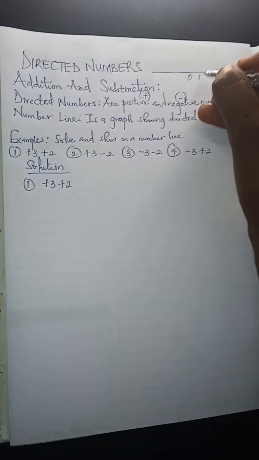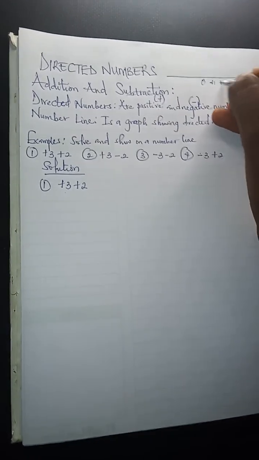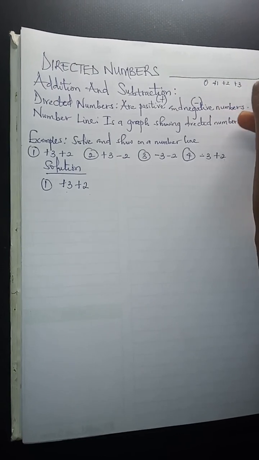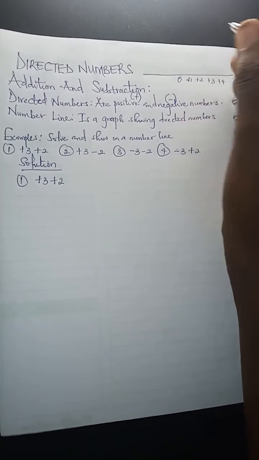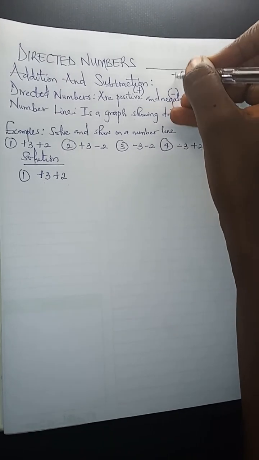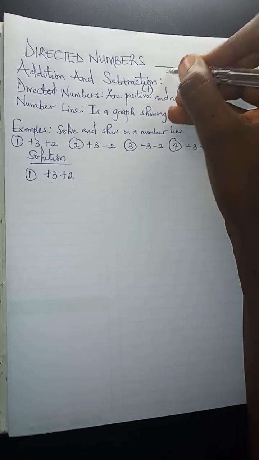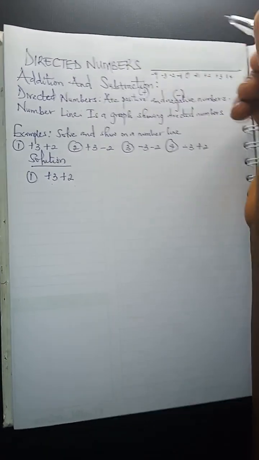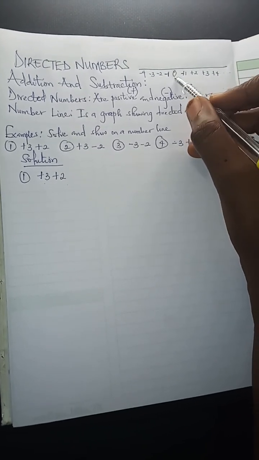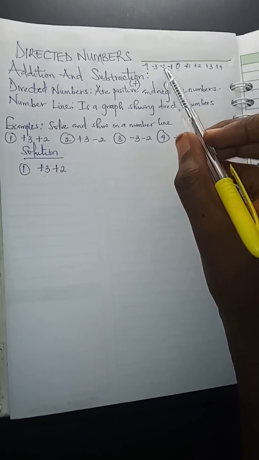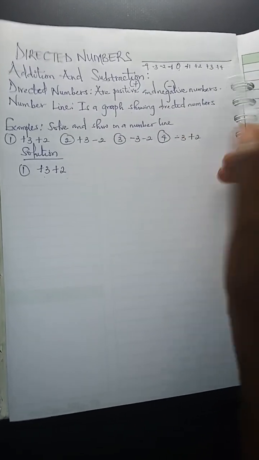So at the right hand side we have plus 1, plus 2, plus 3, plus 4 up to infinity, right? At the left hand side we have the negative side, which is minus 1, minus 2, minus 3, minus 4 up to infinity. But remember, at the middle what we have is 0. This is the graph, okay?